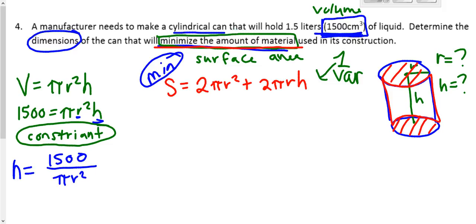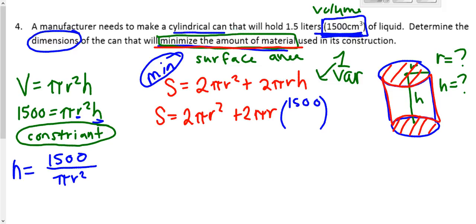So we can take this information and plug it in up here to our surface area. We'll leave 2 pi r squared alone, plus 2 pi r will also leave alone. But height is what we're going to change. So height will become what we found: 1,500 divided by pi r squared. This is what we'll take the derivative of. Before that, let's simplify.